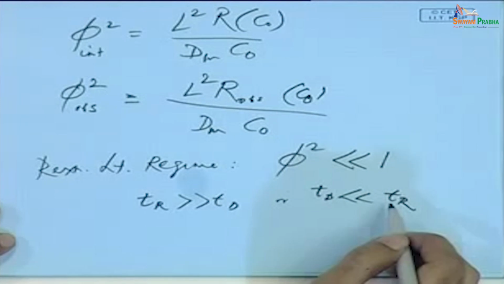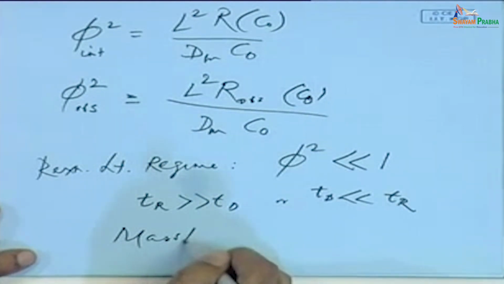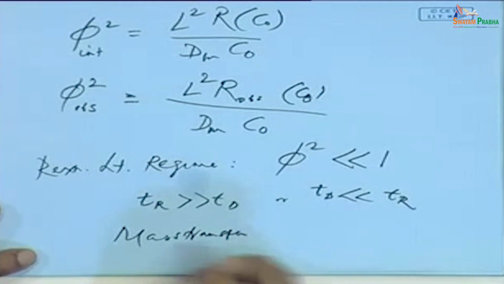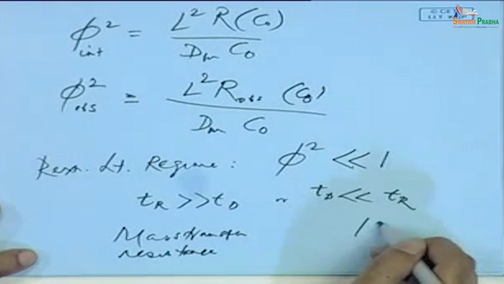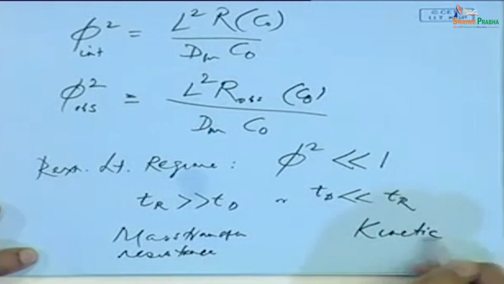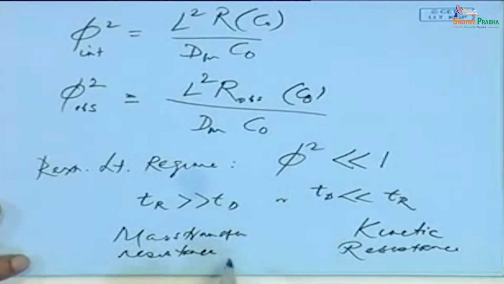So, when TD is much less than TR, what does it mean? That mass transfer resistance, and let us put kinetic resistance on this side. What is the relationship between these two? Kinetic resistance is much higher.